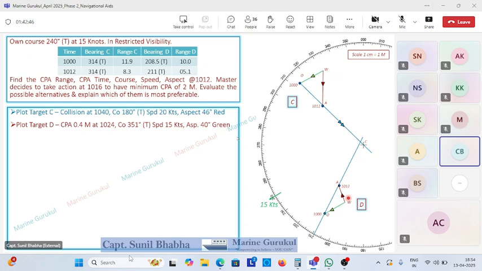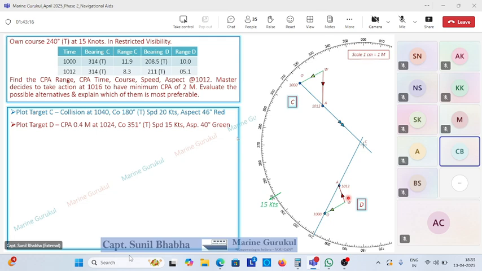So, in view of this, own ship has only two options available to the master. One is an alteration of course to starboard, and the second is a reduction of speed. So we will now evaluate both these actions and we will see which of them is most preferable and recommended in this situation.